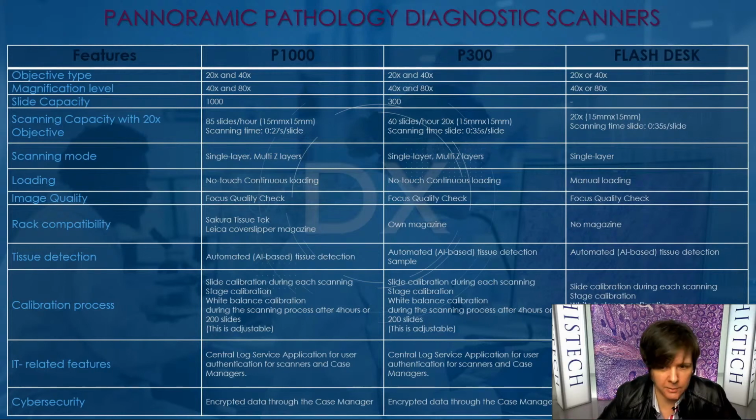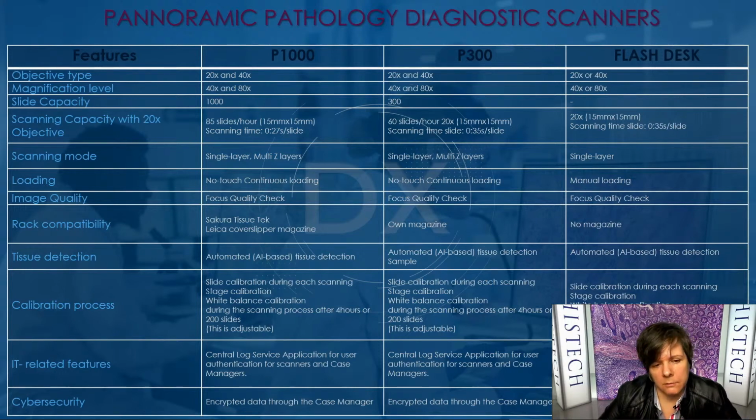With the 40x physical objective, the magnification level will grow to 80 times. Both types of scanners can be used with single layer and Z-stack scanning as well, except the Flash, which can scan only in a single layer currently.